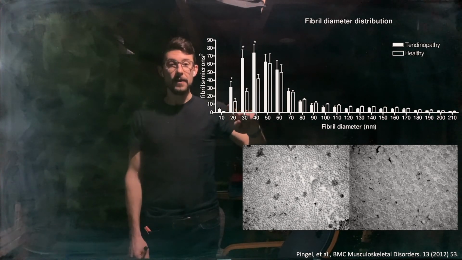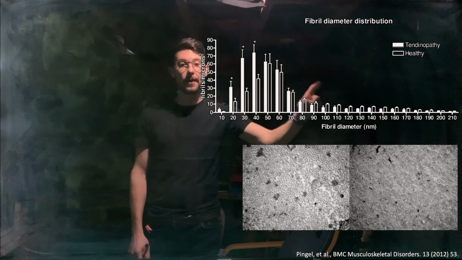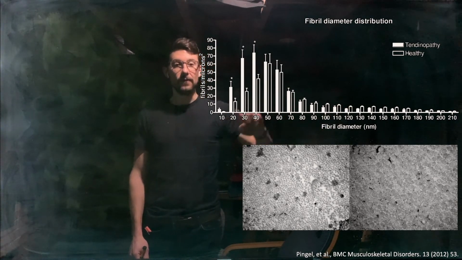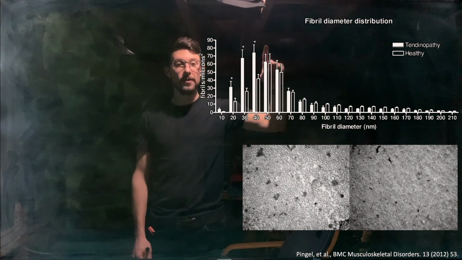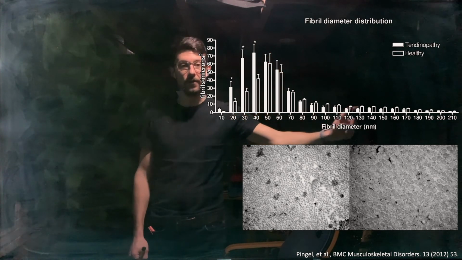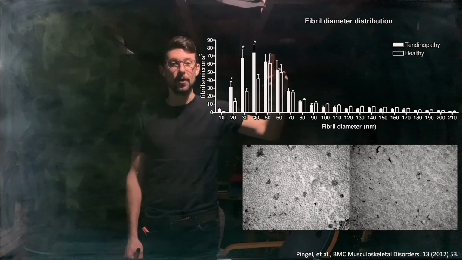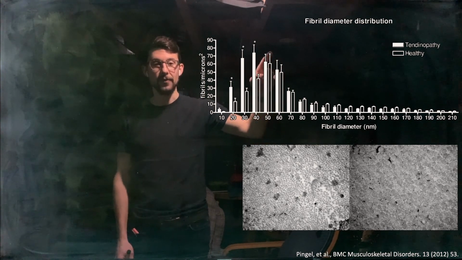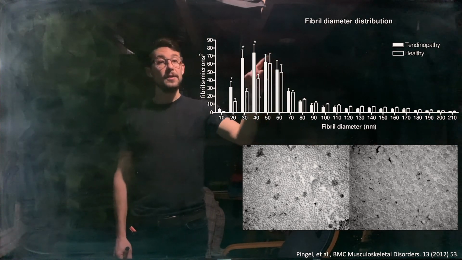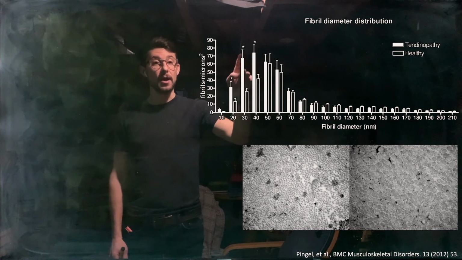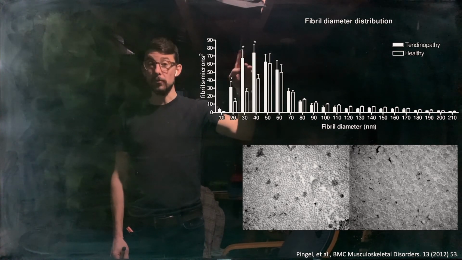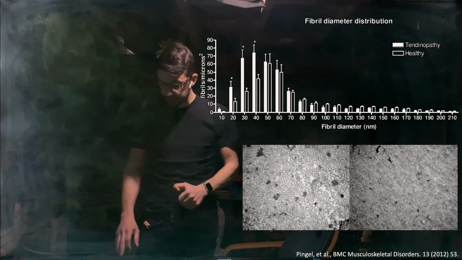The normal tendon is in black bars here, and you can see a most common diameter that you'd see for collagen fibrils, and then a trail off. So we've got some bigger fibrils, some smaller fibrils, but overall fibrils that are around the 50 nanometer diameter. You can see in tendinopathy that there are actually more smaller fibrils that are found.